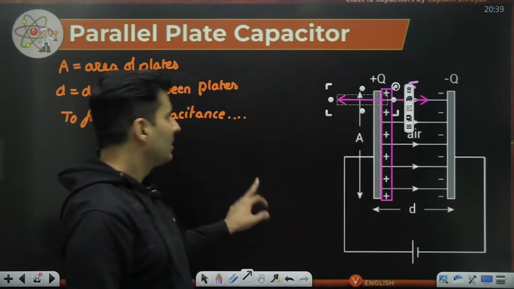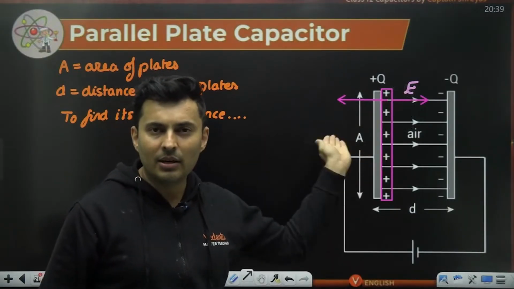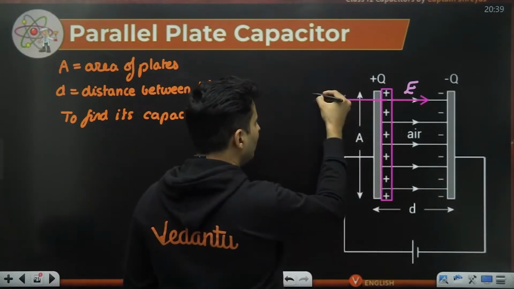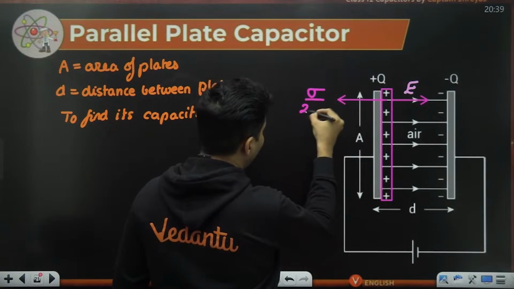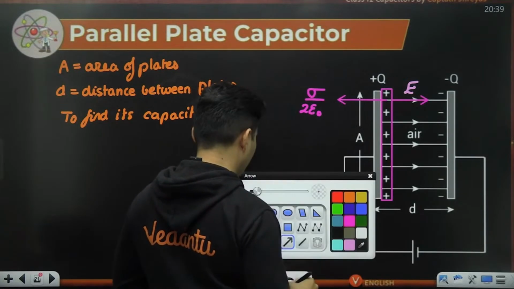Remember, any charged sheet will give electric field on both sides. How much will that field be? It will be sigma by 2 epsilon naught, sigma by 2 epsilon naught.